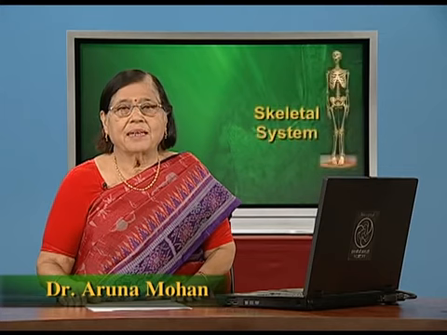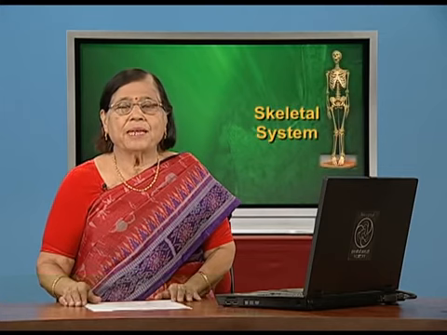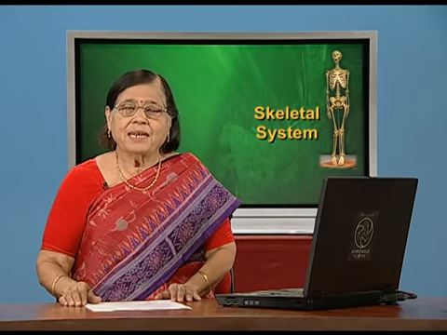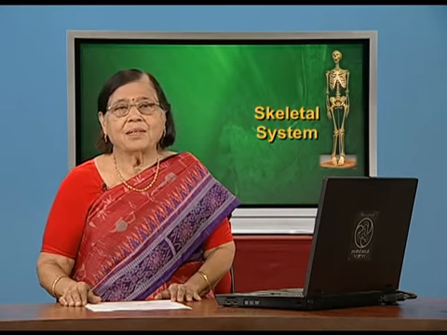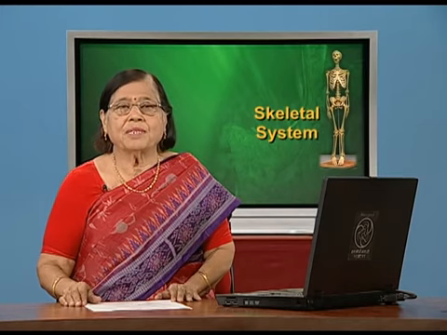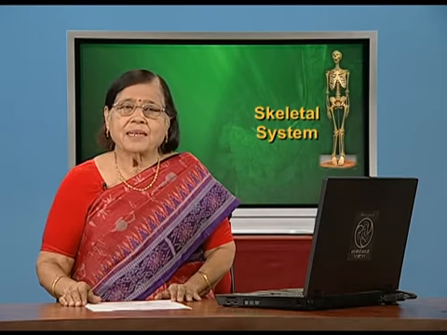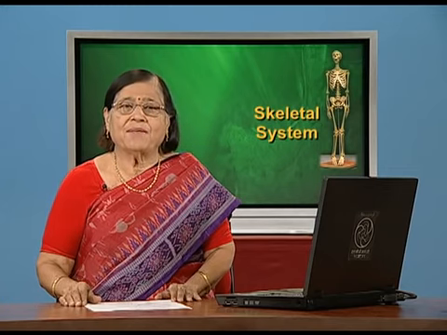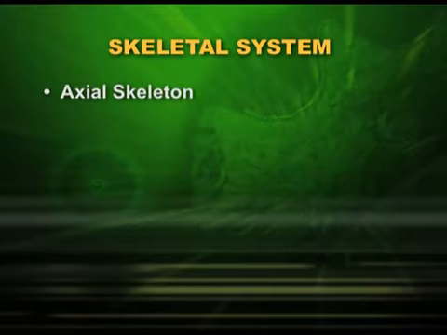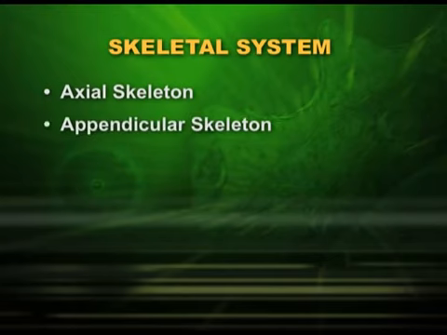Dear students, in previous sessions we discussed skeleton in relation to movement and locomotion. We understood that along with bones, the muscles and the nervous system are also important, and we discussed in detail the 206 bones in our body, the axial skeleton and also the appendicular skeleton.